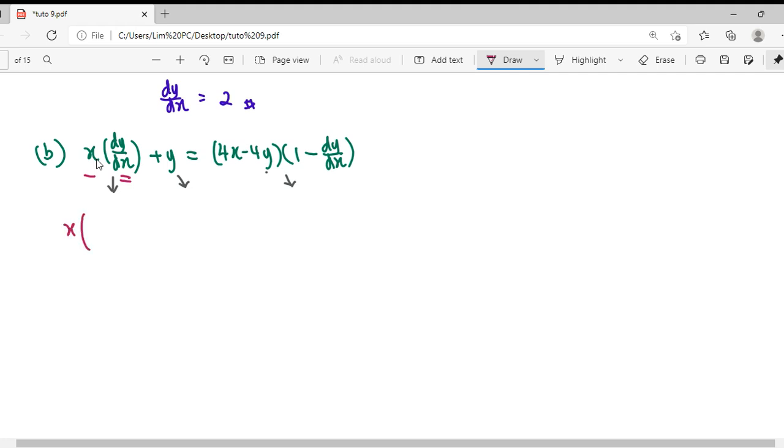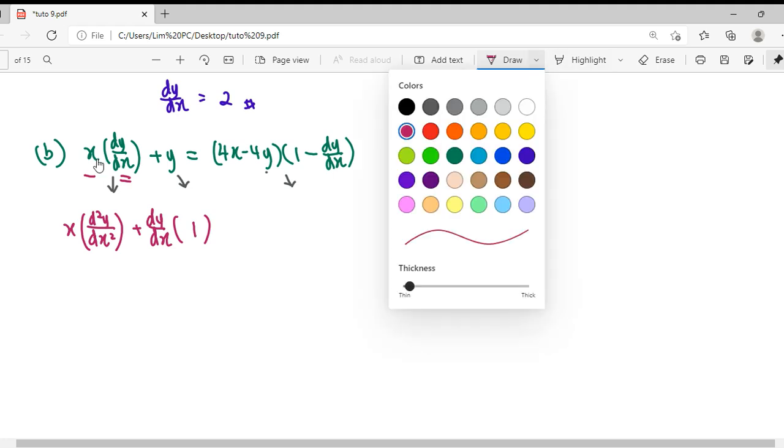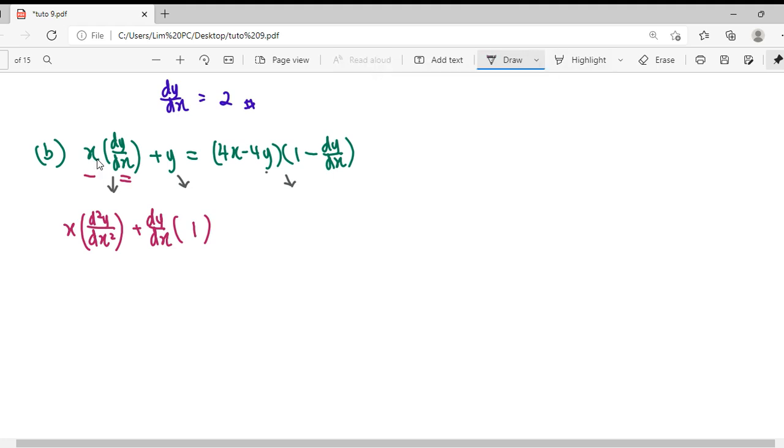Copy the front, differentiate the back. Copy the back, differentiate the front. When we differentiate the back, dy dx, it will give us the second derivative d2y dx squared. Then when we differentiate our x, we get 1. Then plus, we move on, differentiate our y, which will be implicitly dy dx.